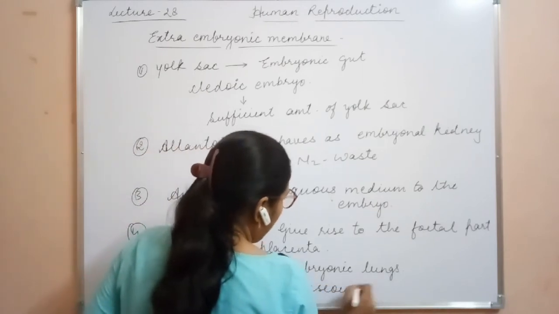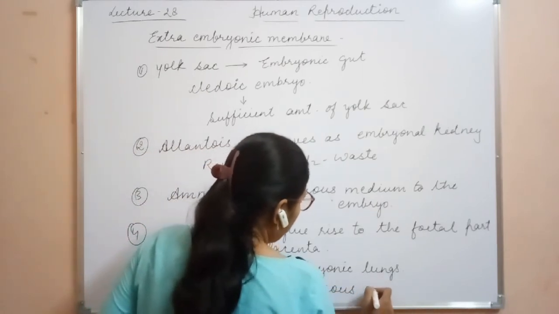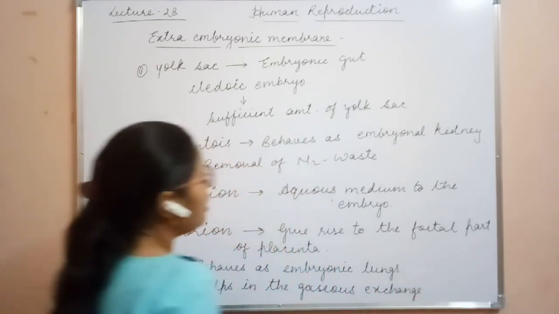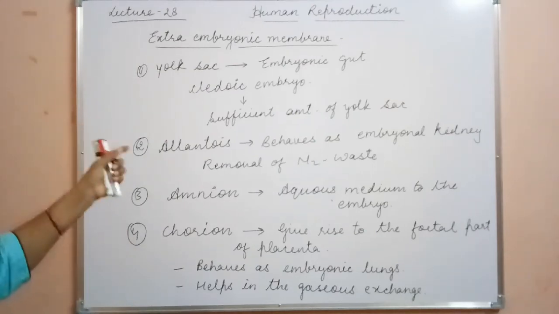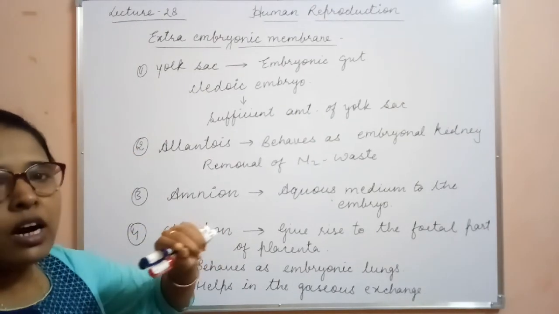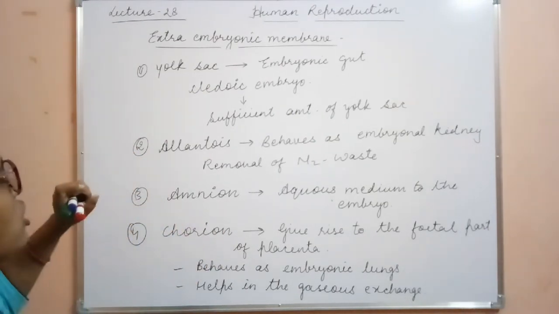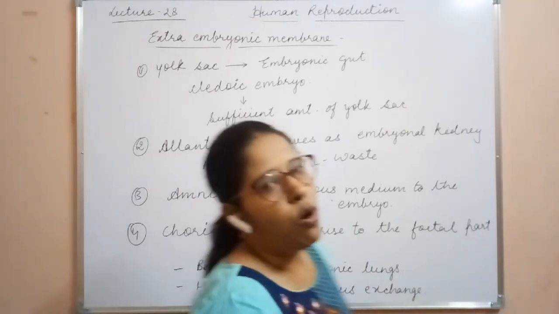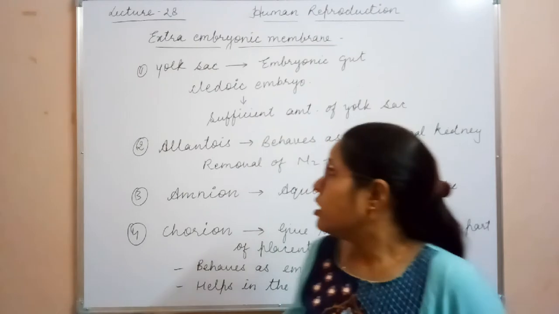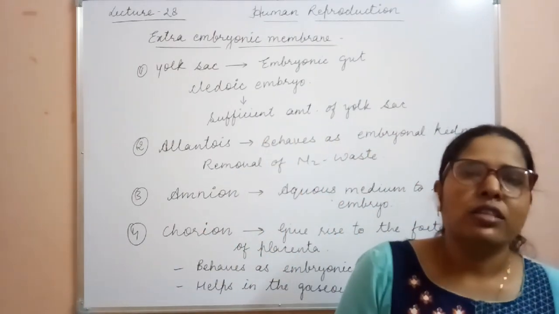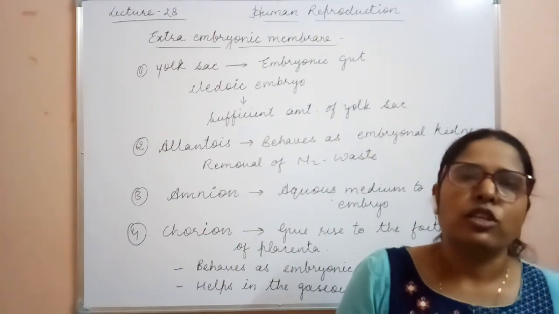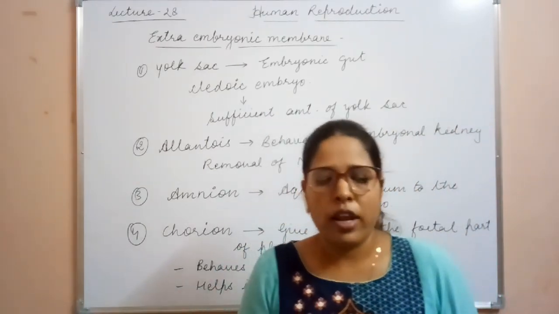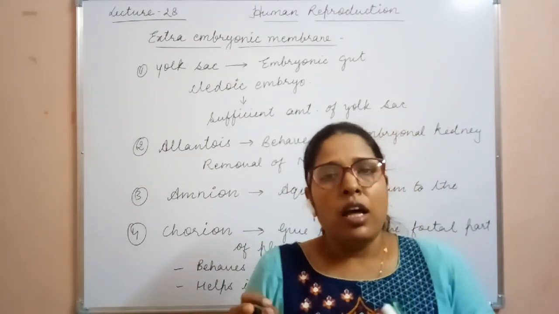So these are the important functions of these four types of membranes. Clear? These four are the important membranes present around the embryo, that is yolk sac, allantois, amnion and chorion. Out of these, yolk sac and allantois are poorly developed in human beings. This is all about the different extra embryonic membranes.